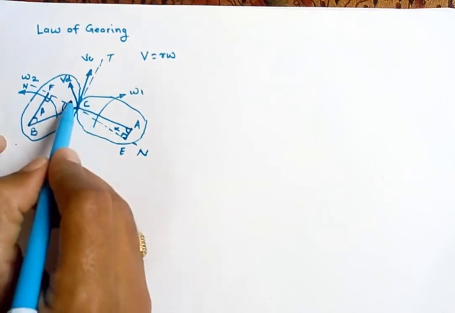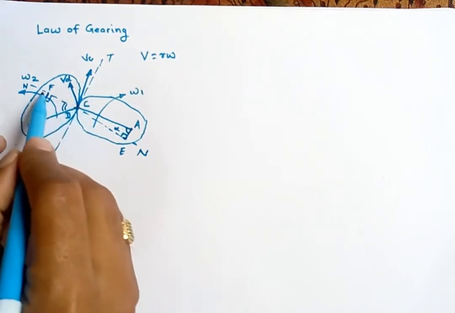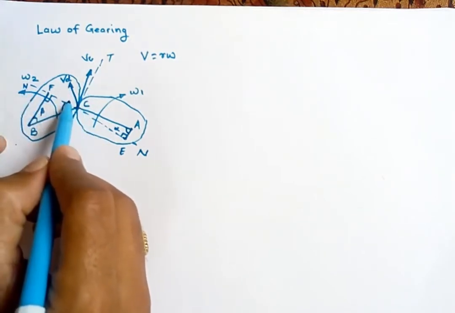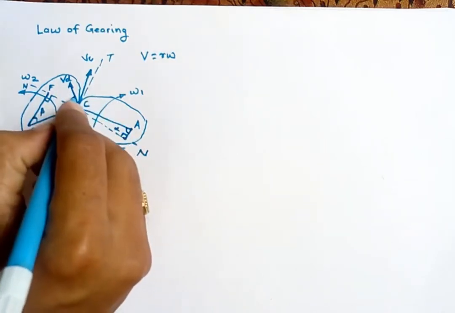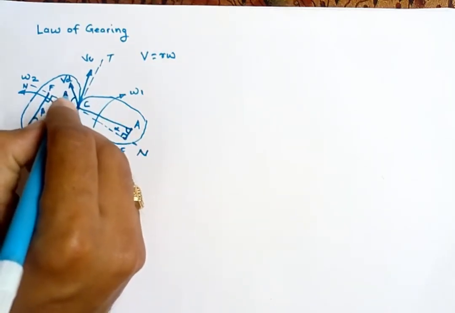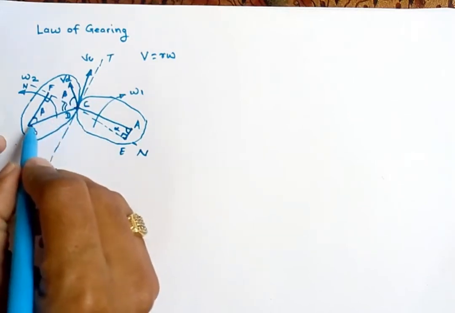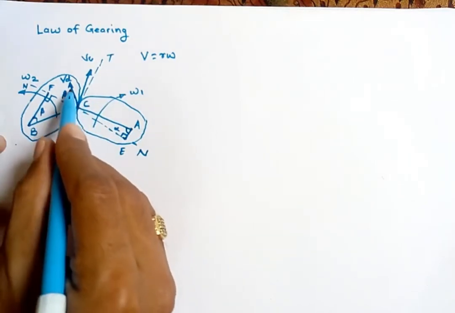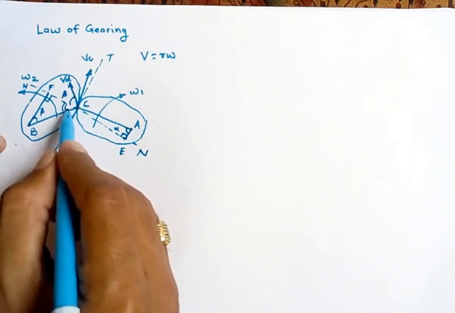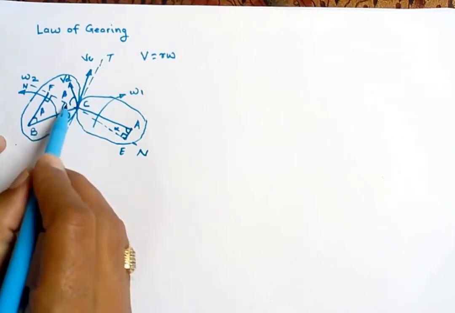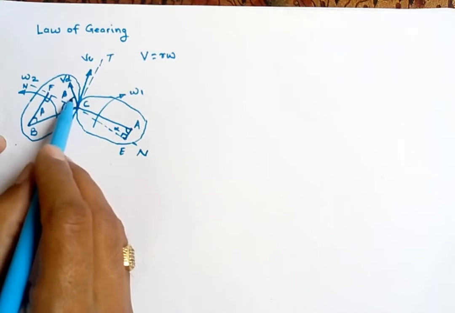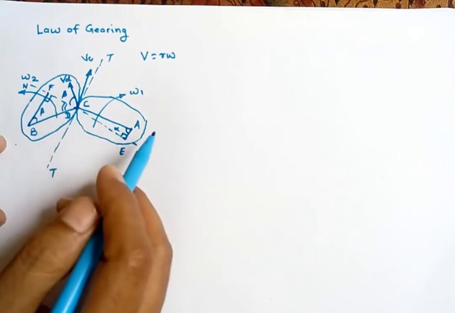The remaining angle of VD with respect to the common normal will obviously be beta. So the total angle between BD and the velocity vector is 90 degrees, and the angle between BD and common normal is 90 minus beta. So obviously the angle of VD with common normal will be beta.